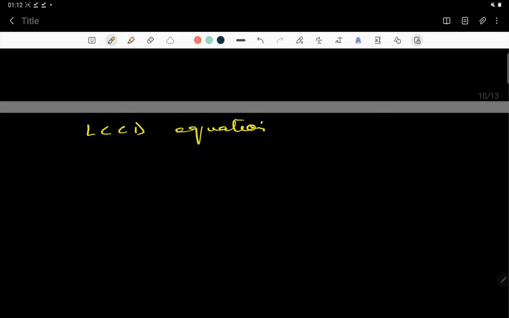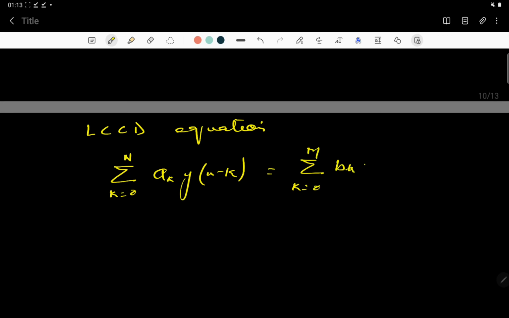The linear constant coefficient difference equation is simply given by the summation over k equals 0 to N of a_k y[n minus k], and this should equal the summation over k equals 0 to capital M of b_k x[n minus k].